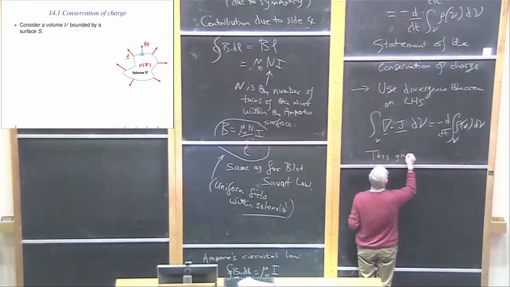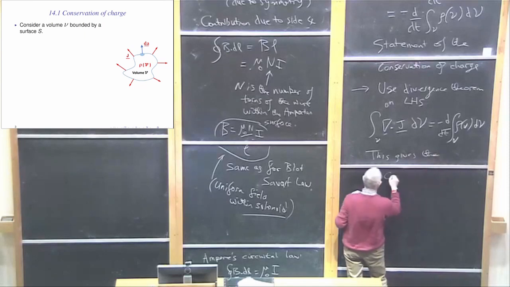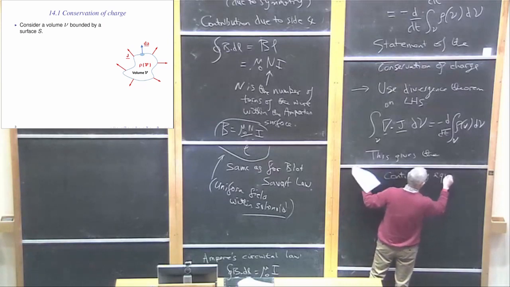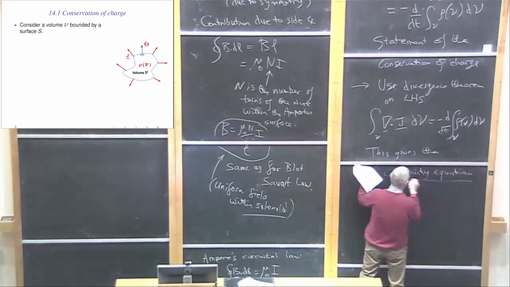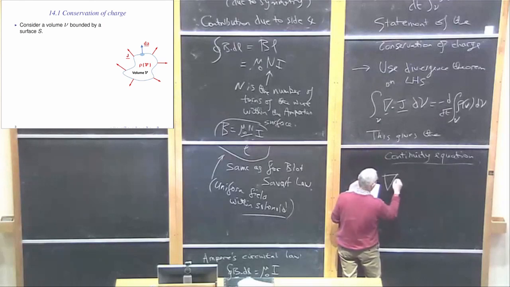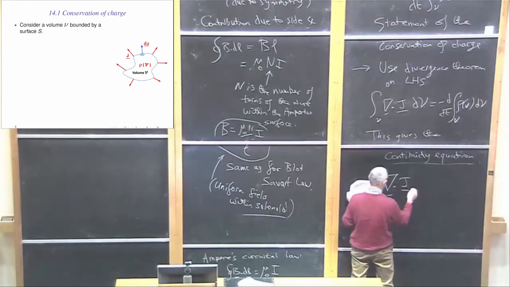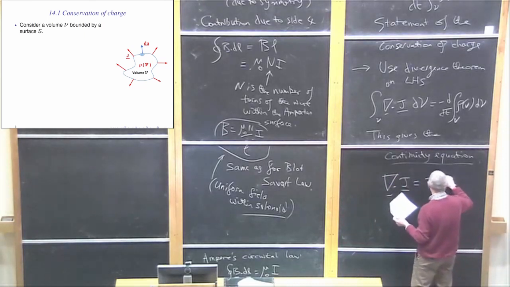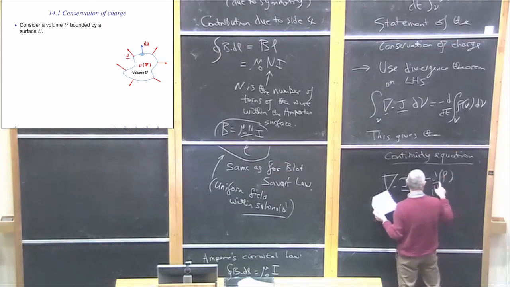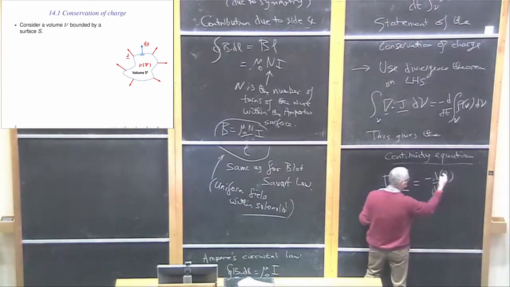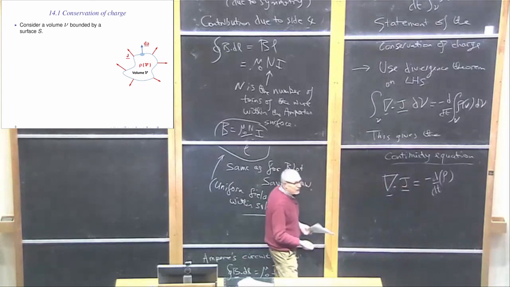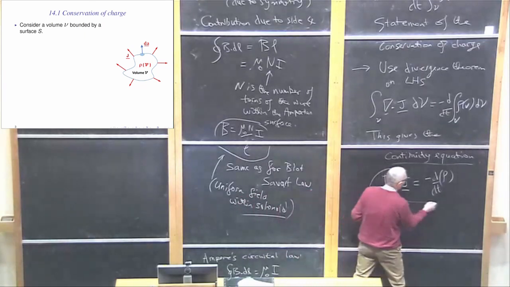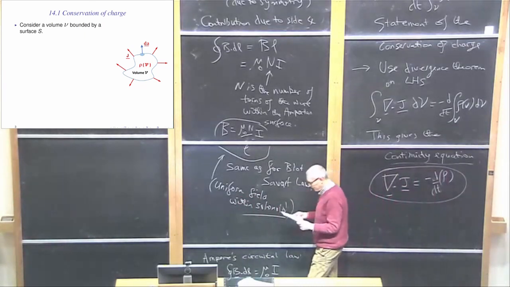This gives the continuity equation, which you will meet in the second year. The divergence of J is minus d rho by dt, the rate of change of the charge density. So that's the continuity equation, and it's just a statement of the conservation of charge.